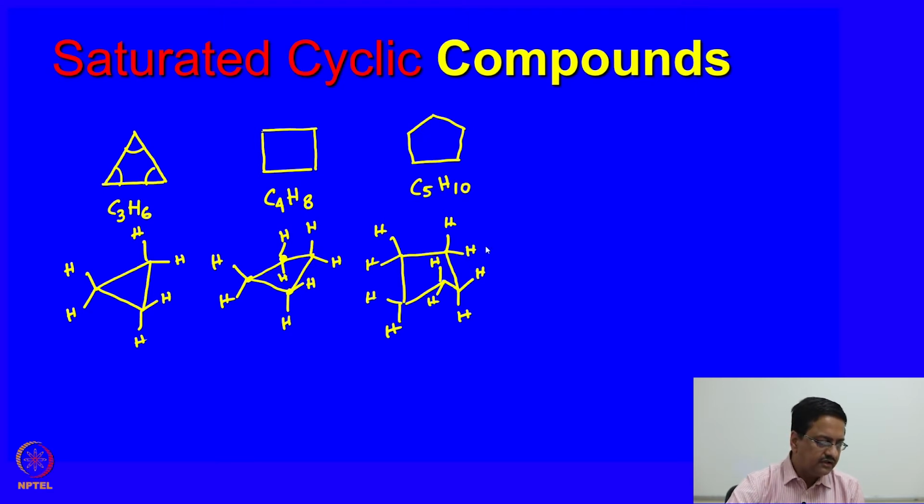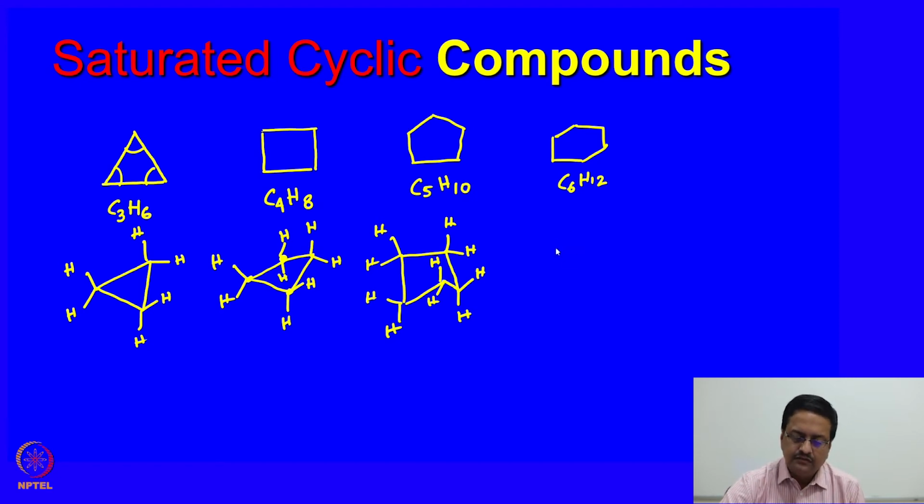The next molecule that we should consider is cyclohexane, which we draw just like this, indicating that the hydrogens are present. So the formula is C6H12, and we will discuss the conformation of this molecule in detail in the next few minutes.